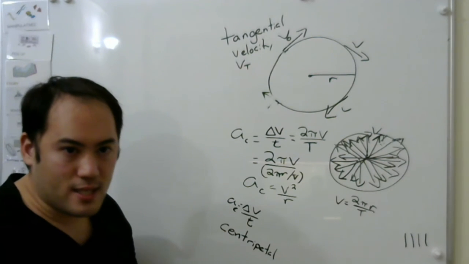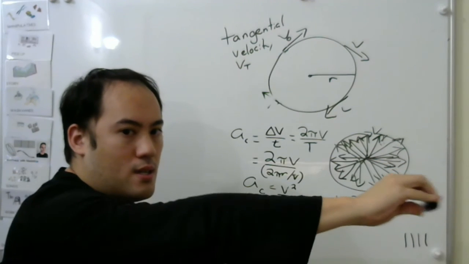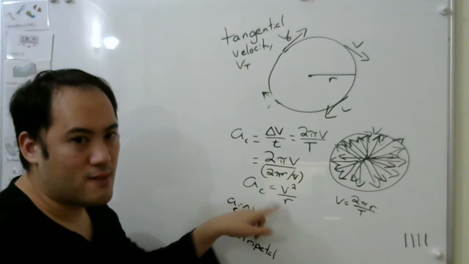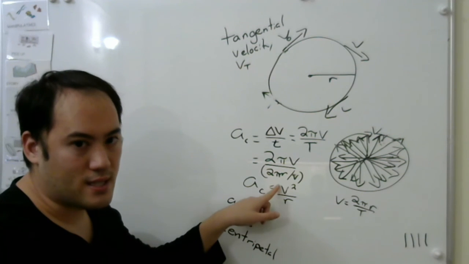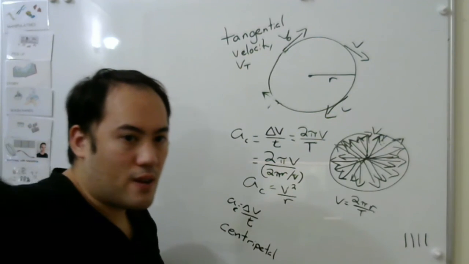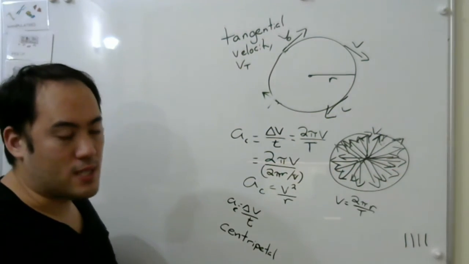So an object that's going in a nice big circle slowly is changing its direction very slowly. It has a slow speed and it's a big circle, so this object has a very, very low AC, centripetal acceleration.